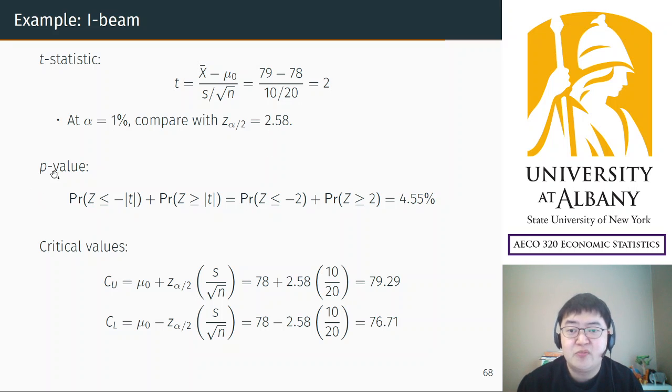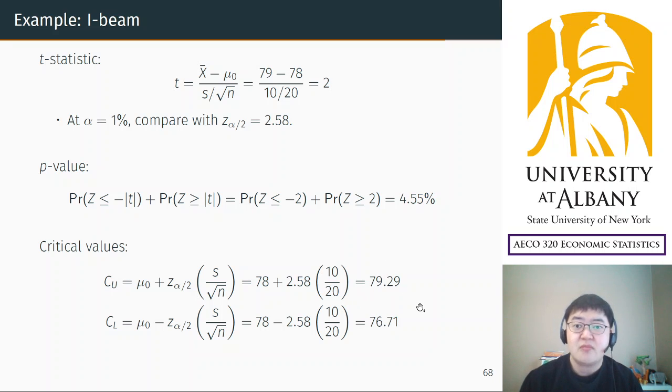And if you use the p-value using this t-statistic, it's 4.55%. If you use critical values, 1% uses 2.58. And the belief is 78. So around 78, you allow this much marginal error. So you get these two numbers and compare these critical values with the sample mean.